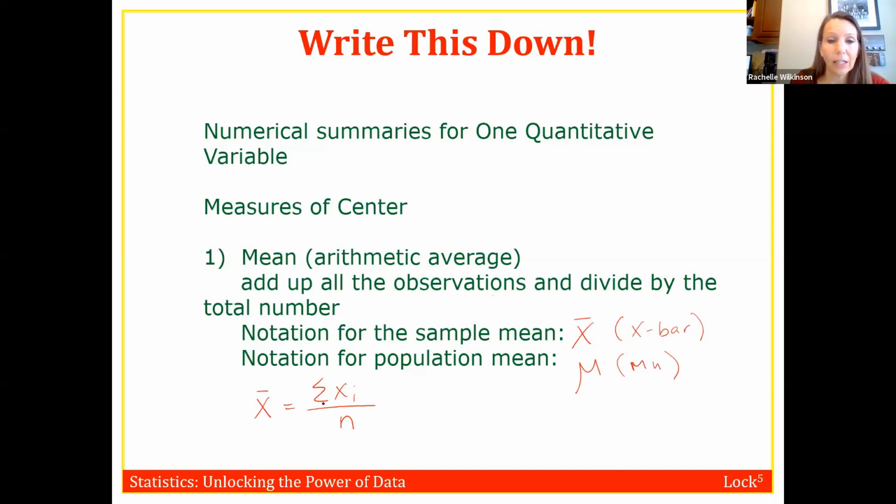This little funky E looking thing here is a summation sign, and it means add them all up. And what we're adding is over here, all the X values. So each X value, X1, X2, X3, would be a different value in our data set. So we're going to add those all together and divide by n, which is the total number of observations.